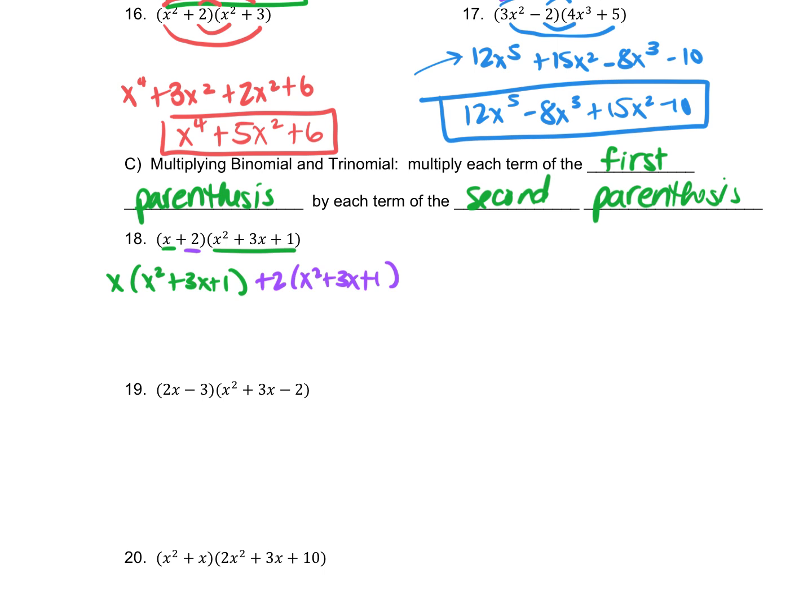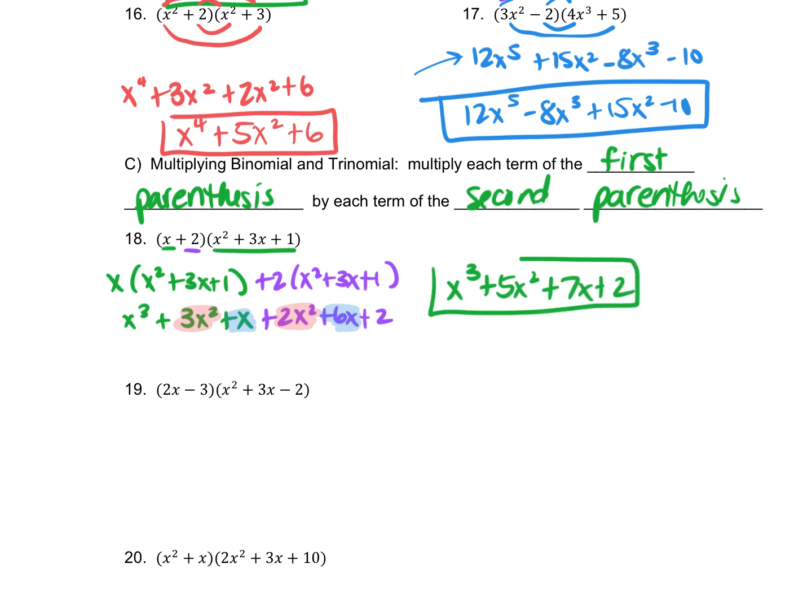So you get x to the 3rd plus 3x squared plus x plus 2x squared plus 6x plus 2. And then you just have to combine like terms. So your answer becomes x to the 3rd plus 5x squared plus 7x plus 2. So that's one way to do it.